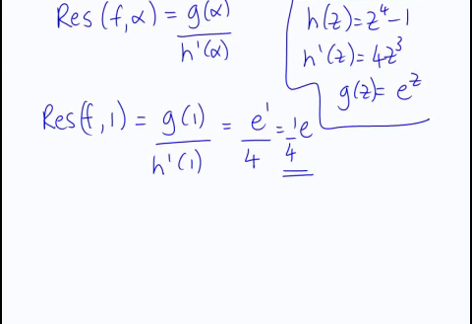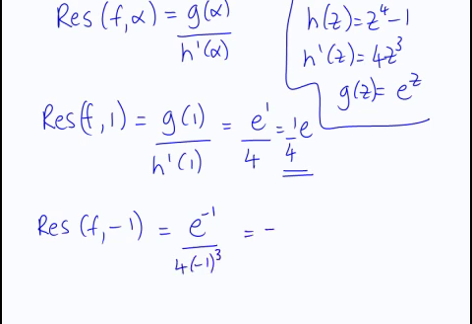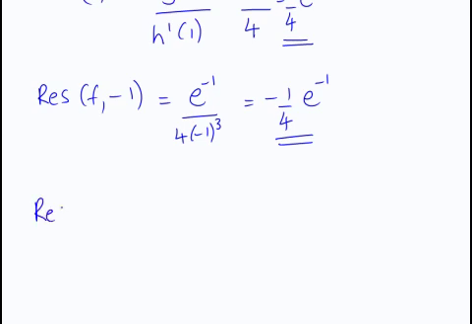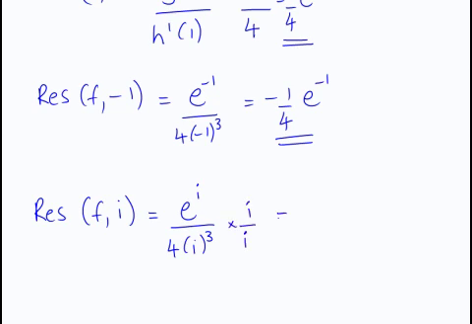If I do the same for all of the others, because we're going to need them, what I get for the next one is e to the minus 1 over 4 lots of minus 1 cubed. So that's going to be minus a quarter e to the minus 1. I also have to look at i, and probably the easiest thing to do here is to multiply top and bottom by i, so that I actually get i to the 4 on the bottom, which is just 1.